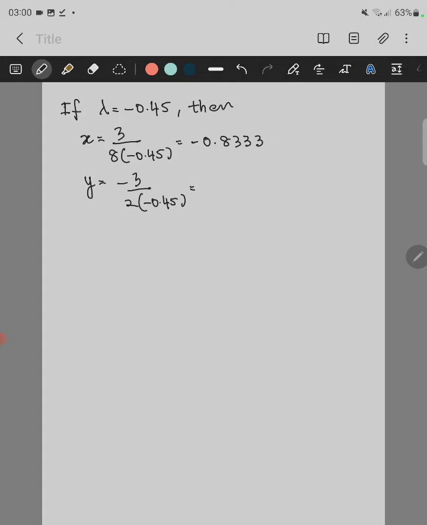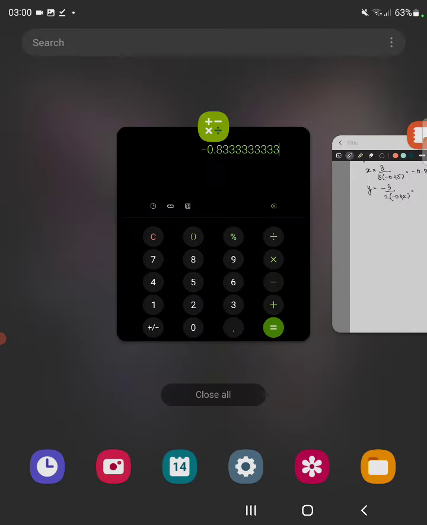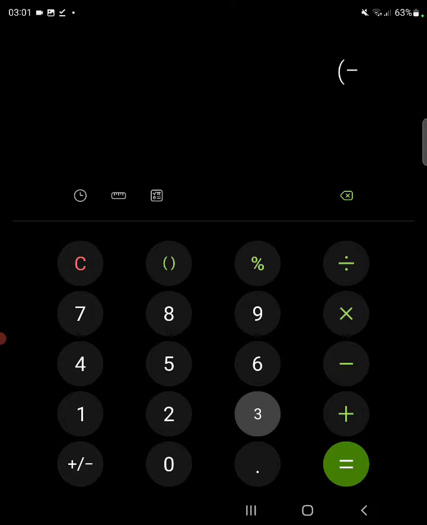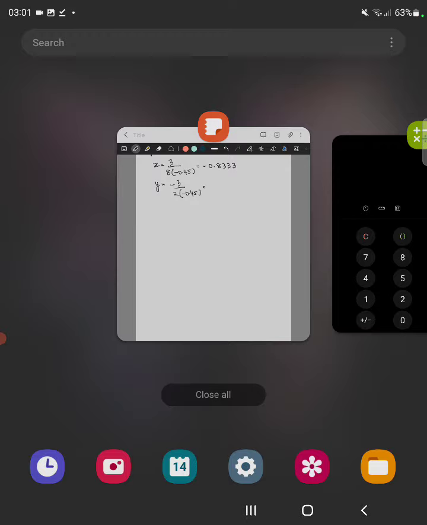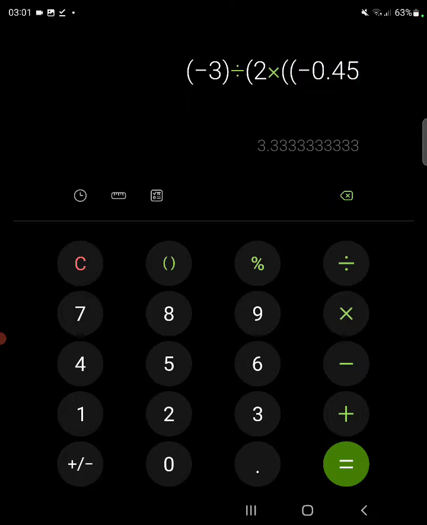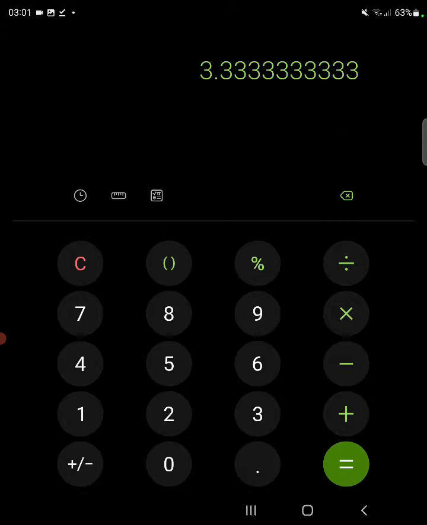And then for y, we have minus 3 over 2 times minus 0.45, and we have this number, 3.3333.